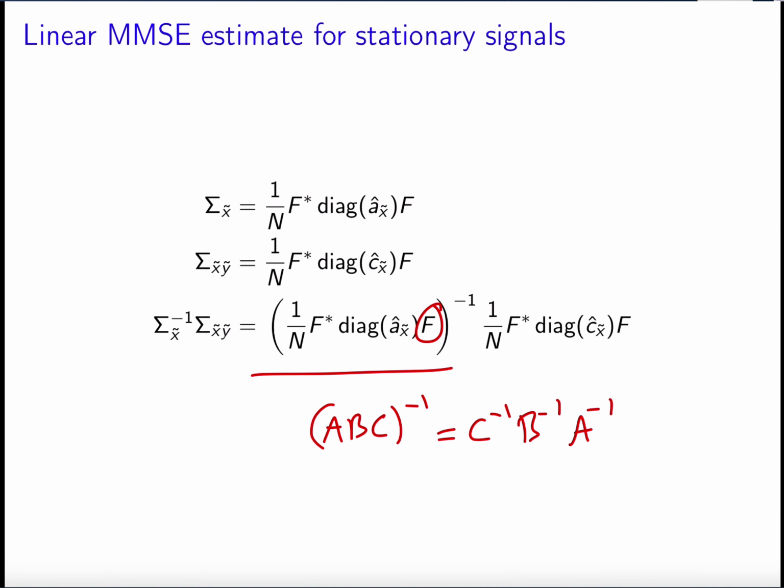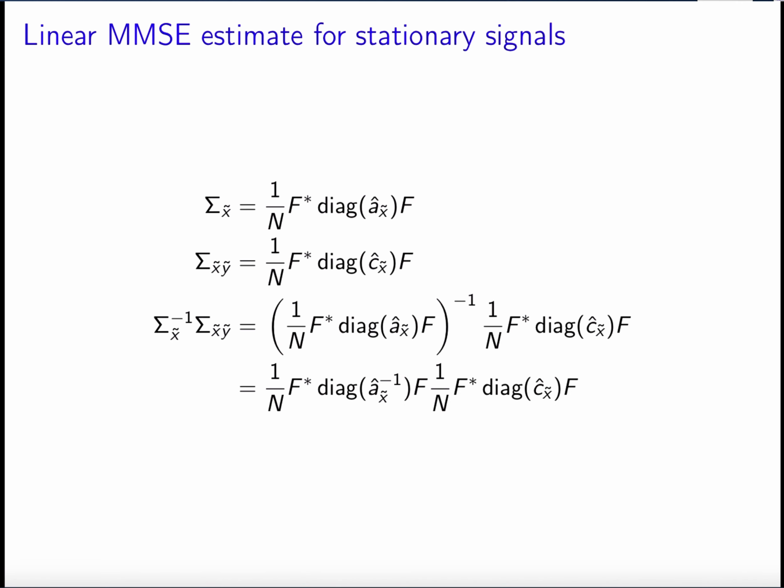The inverse of this guy is the inverse DFT matrix, which is just exactly this. The inverse of this guy, a diagonal matrix, you're just going to do 1 over the entries of the diagonal. And this is the inverse DFT matrix, so its inverse is just a DFT matrix. Okay, so basically we end up with the inverse of this being this.